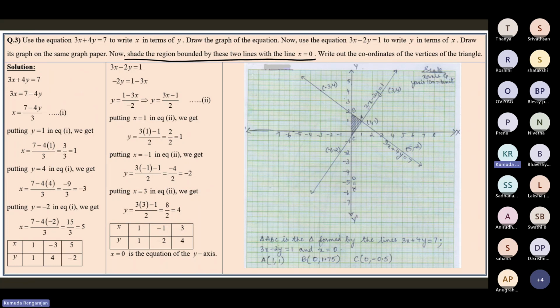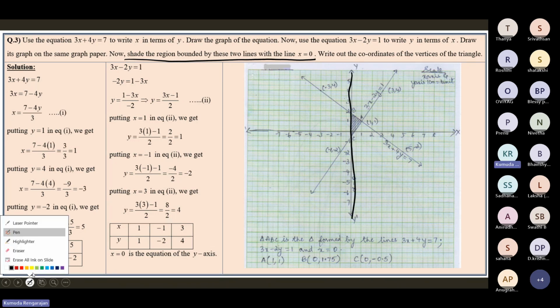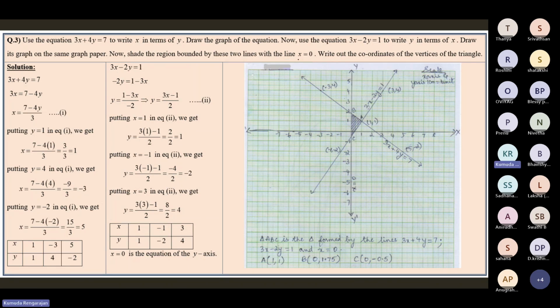X is equal to 0 is which line? On which line is x always 0? On the y-axis. So x is equal to 0 is the y-axis. X is equal to 0 means x is always 0.